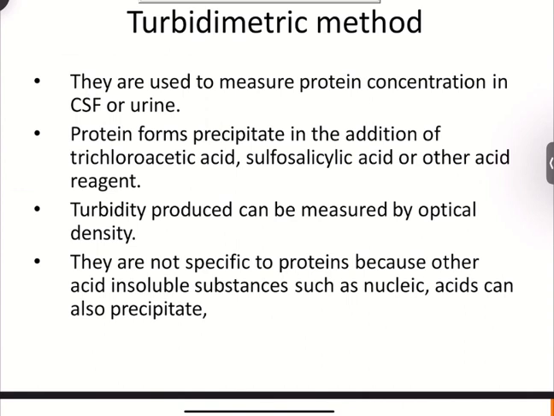They are not specific to protein because other acid-insoluble substances such as your nucleic acids can also precipitate. This is not widely used because it can have interference such as nucleic acids. What are our nucleic acids? You have the nucleic acids that can also precipitate.